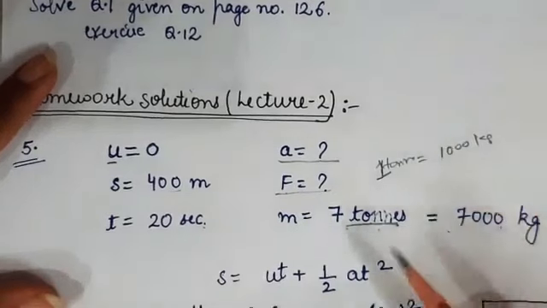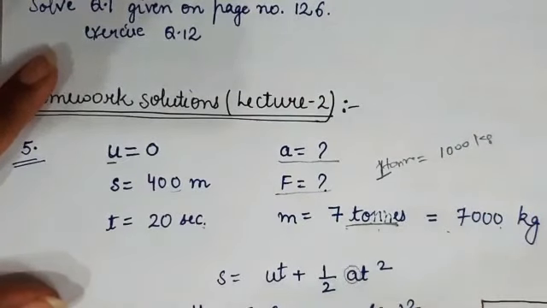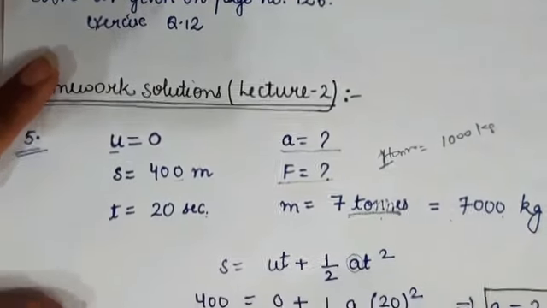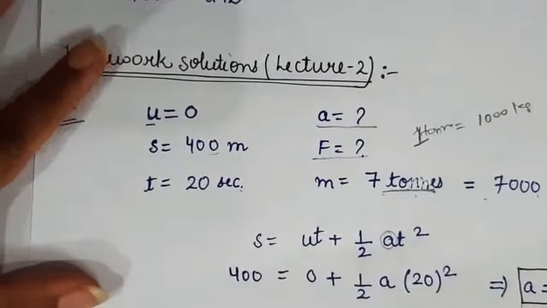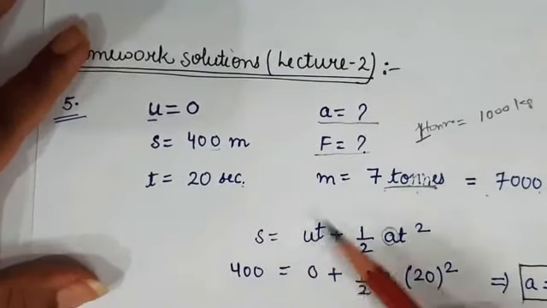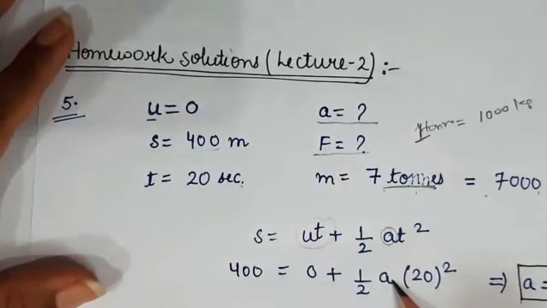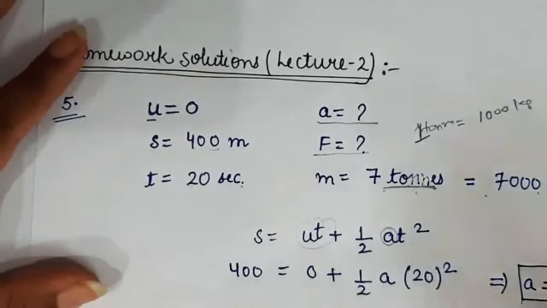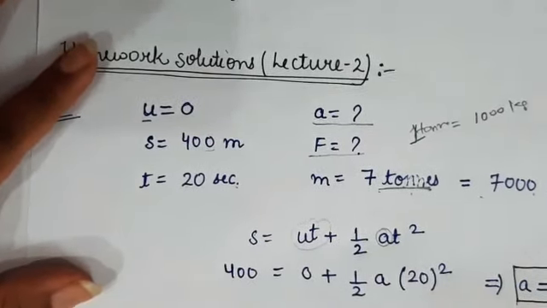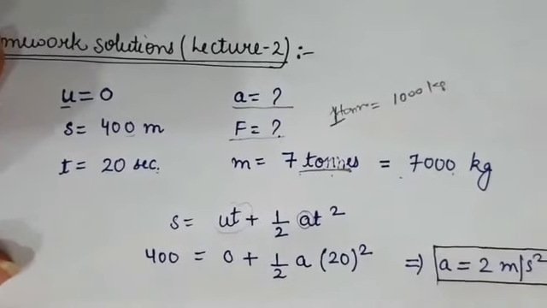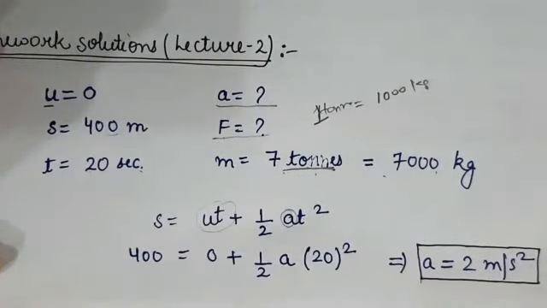From there you can get the value of acceleration. Just substitute the values. S is given 400. Initial velocity is 0. So the whole term will become 0 plus half A, time is given 20 square. So calculate the value of acceleration from here. You will get acceleration is equal to 2 meter per second square.